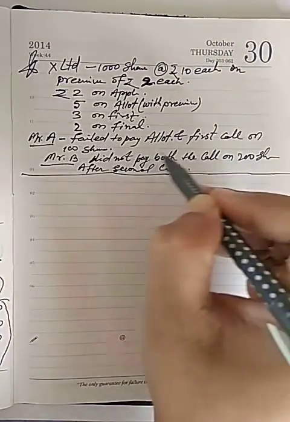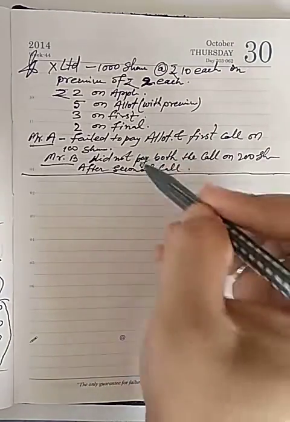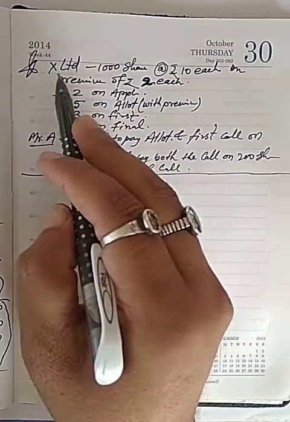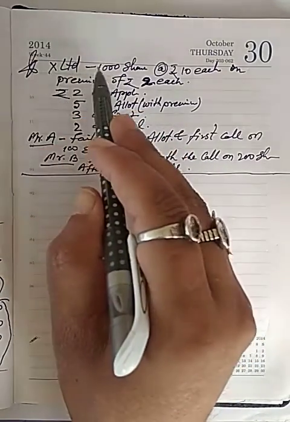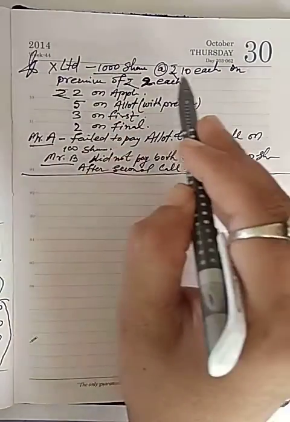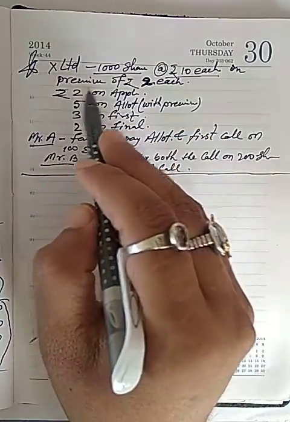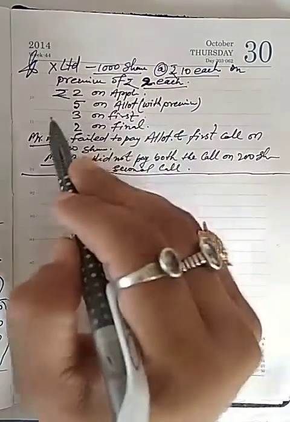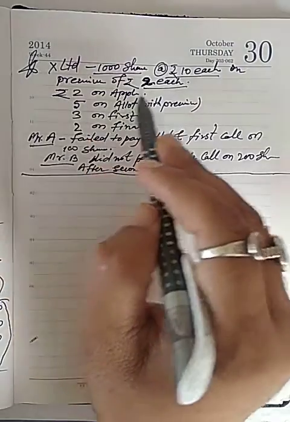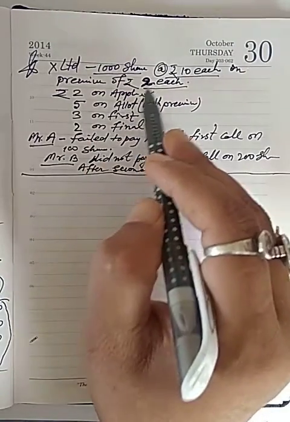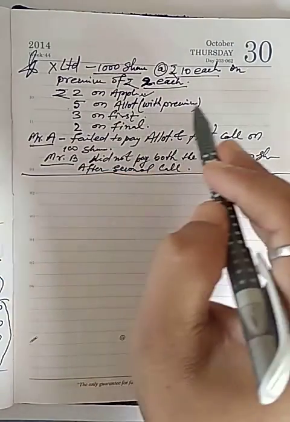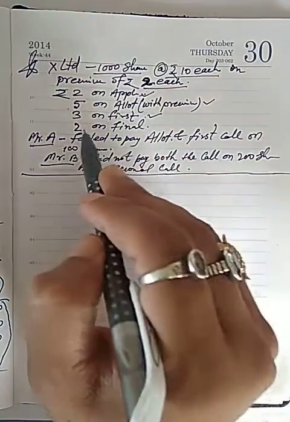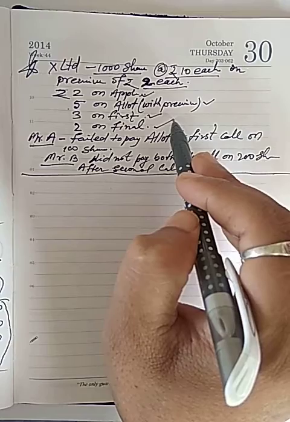I again repeat the question. X Limited issued 1000 shares, 10 each, at a premium of 2 each, received 2 on application, 5 on allotment with premium, 3 on first call, 2 on final call.